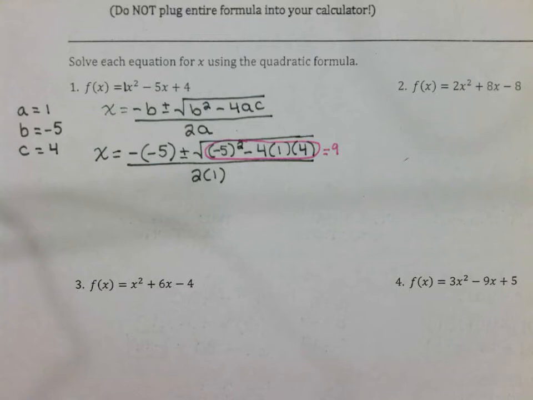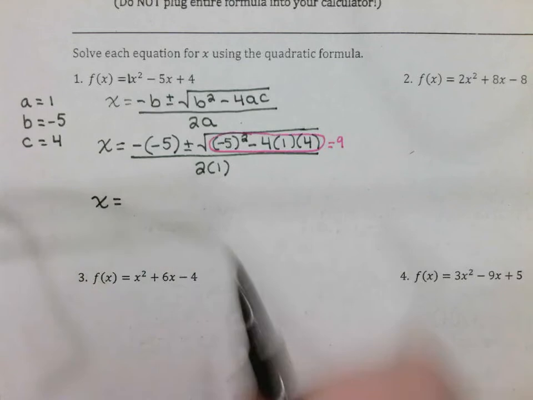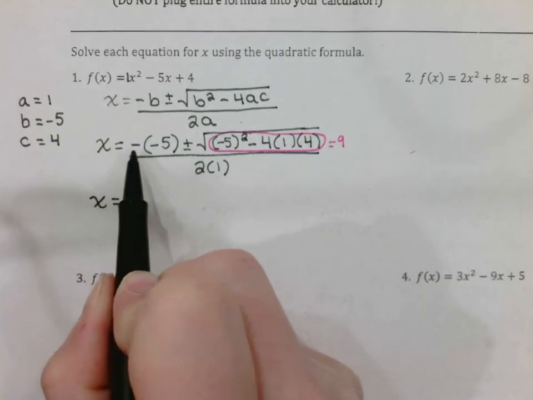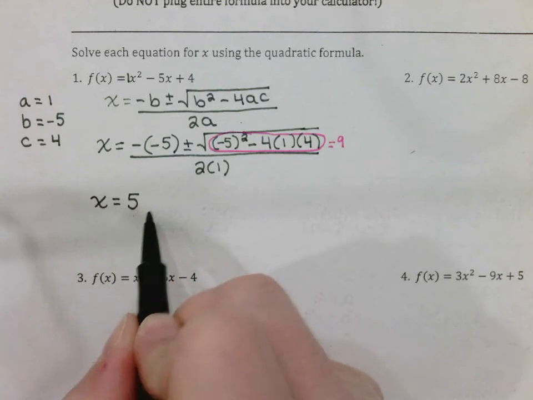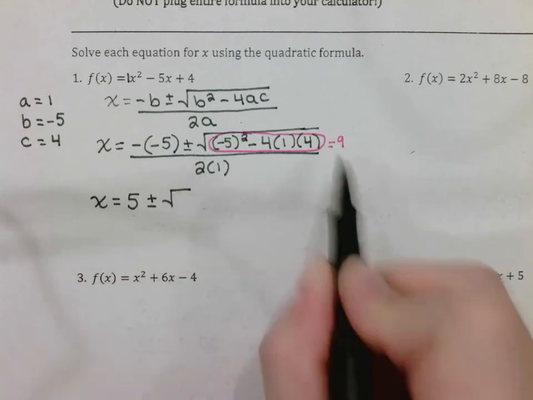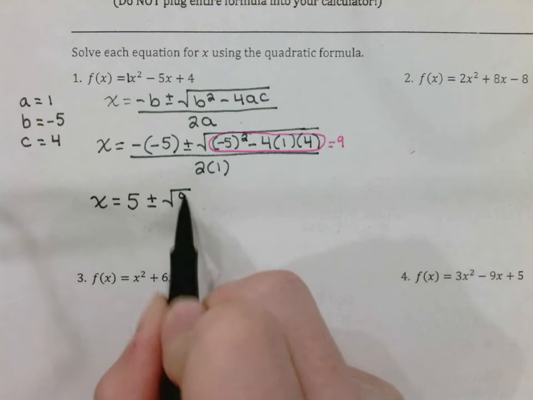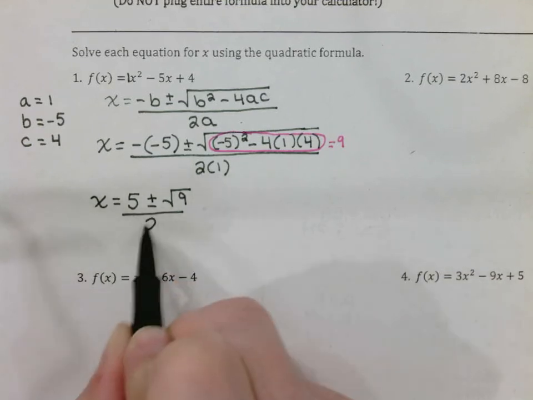Okay, so now I can rewrite this, clean this up a little bit. We have x equals, I'll deal with this part now. A -5 makes it a +5, plus or minus the square root of 9 over 2 times 1, which is 2.